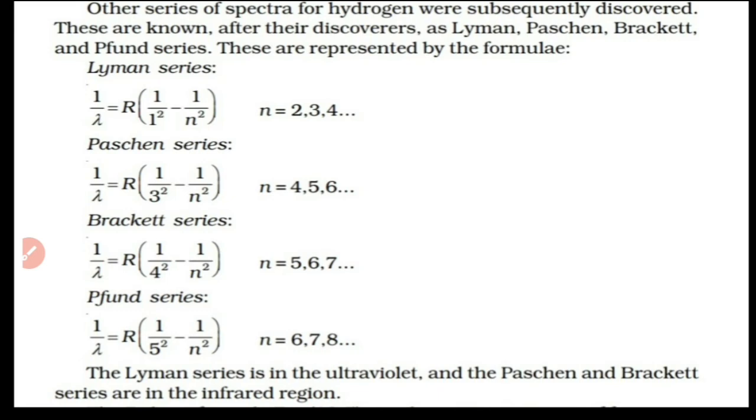If the Rutherford model of atom is the correct one, it should be able to explain the occurrence of the emission line spectrum and absorption line spectrum, which were observed.